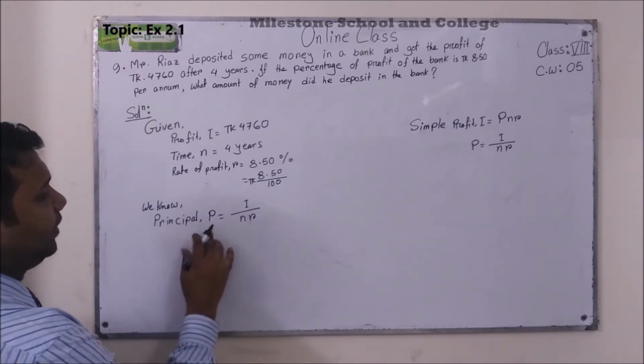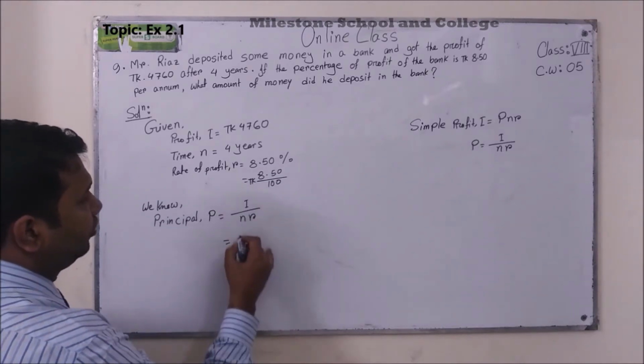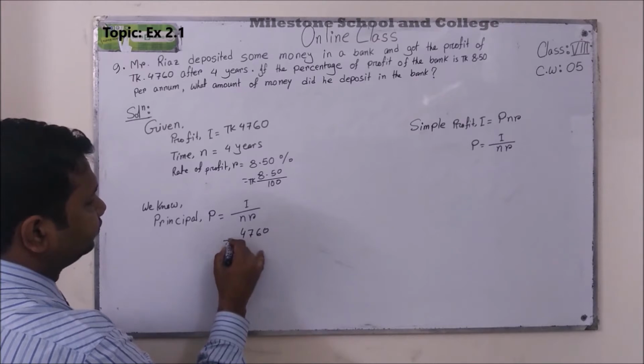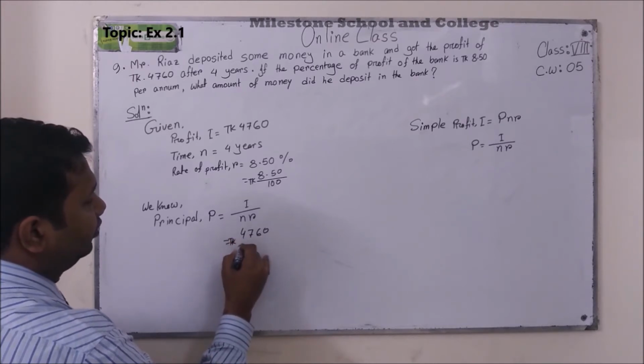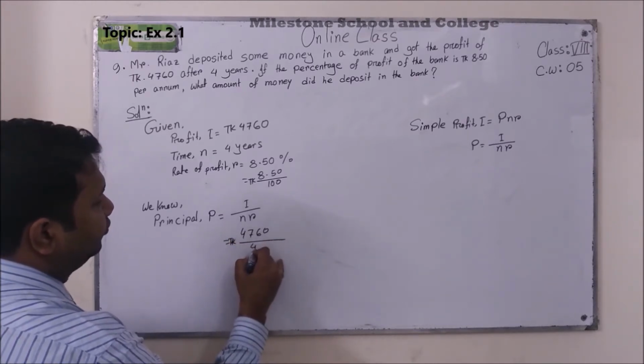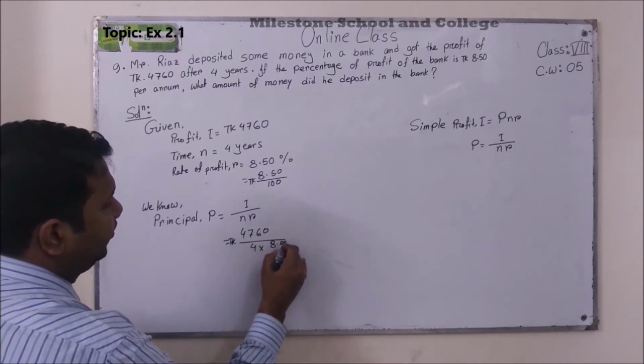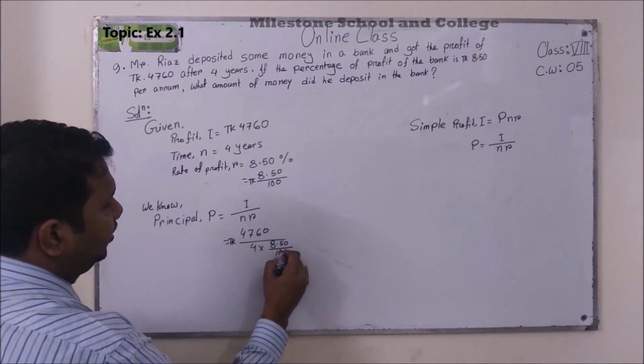So principal P equals I by NR. What is the value of I? 4,760, by n equals 4, and the value of R equals 8.50 by 100.